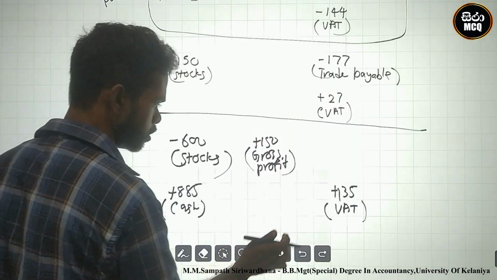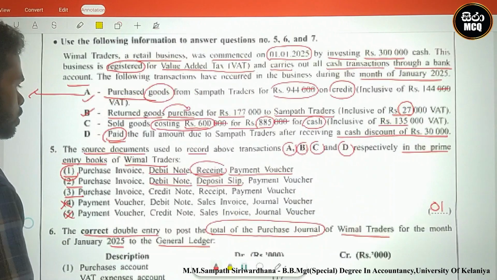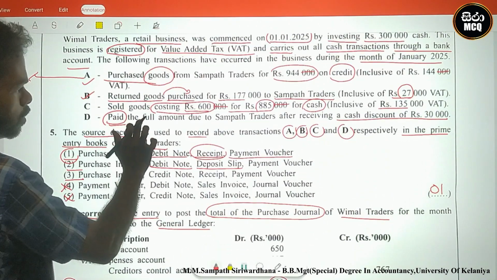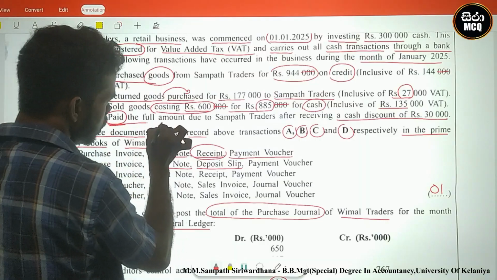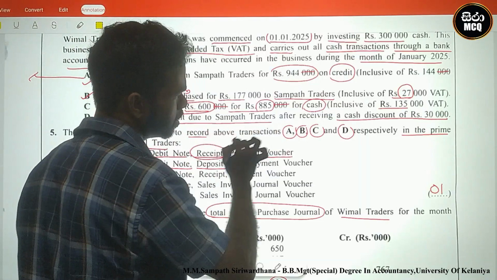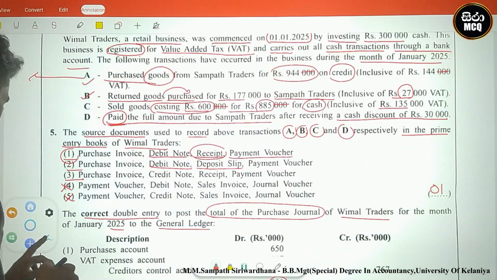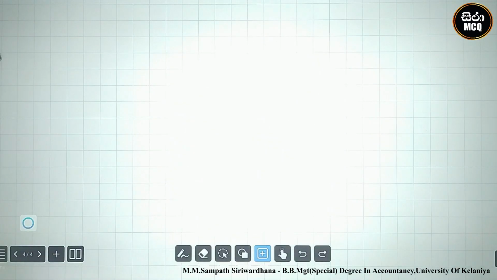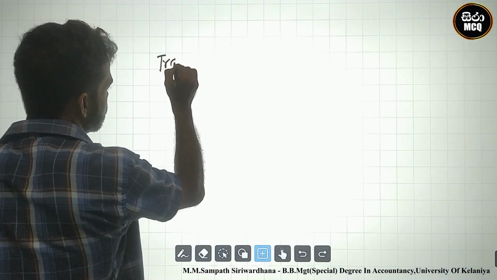Okay, let's see the last one. Look here. Paid the full amount due to Sampath Traders after receiving a cash discount of 30,000. We must create a schedule. At this point, this is the trade payable.